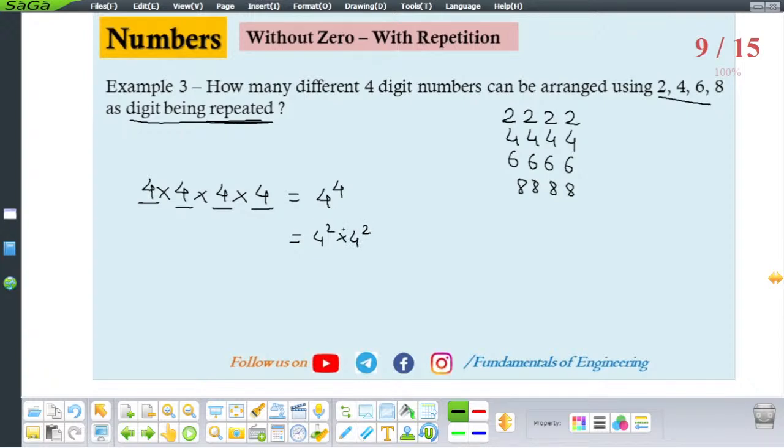If you are not getting the 4^4 answer, you can split that 4 square into 4 square, and based on that you will get the answer. So what is the answer for this one? 4 square into 4 square, or 4^4?